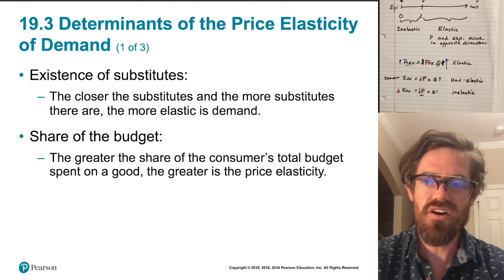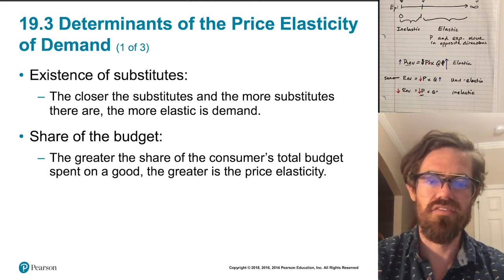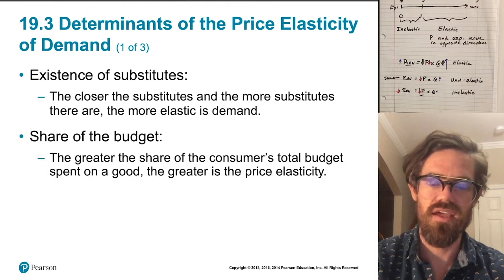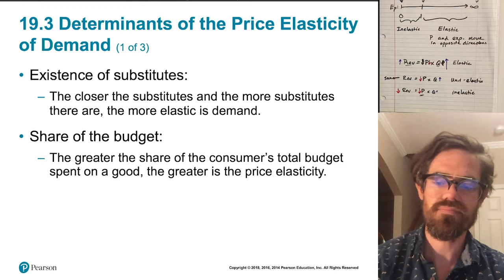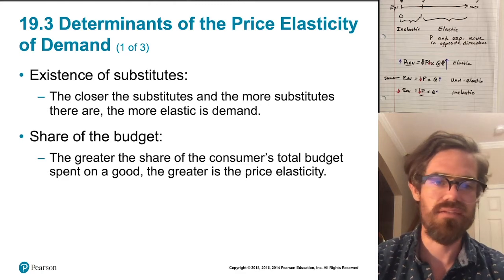Whereas 50% off a car, that could be thousands of dollars, right? So if it takes up a large share of the budget, then people are going to be more flexible with it than if it takes up a very small fraction of the budget. So the car would have a very elastic demand. The candy bar would have a very inelastic demand.